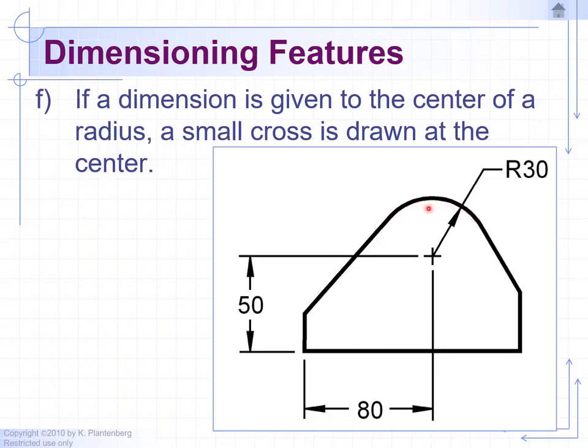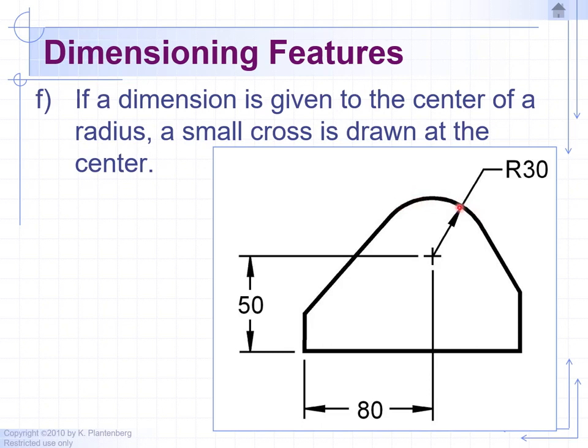But when you do a dimension to a center of an arc, which is very rare, it's typically when it has to mate up with another piece. Maybe there's another piece over here that it mates up to, and it's the opposite shape. Or at an assembly level, the location is important to avoid maybe hitting something.